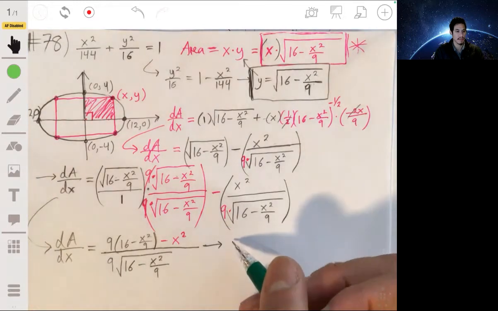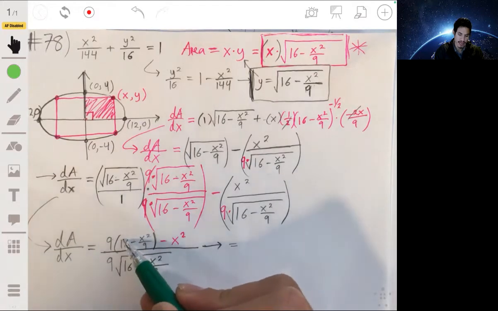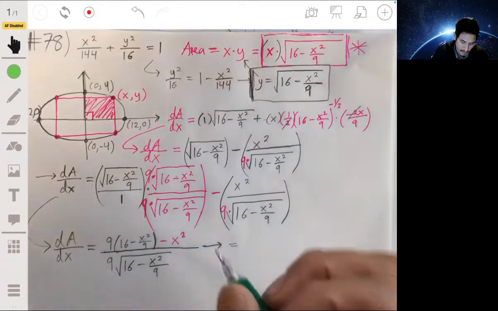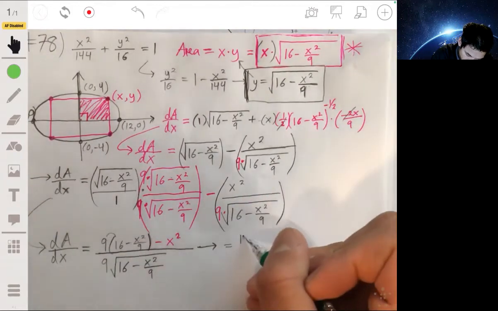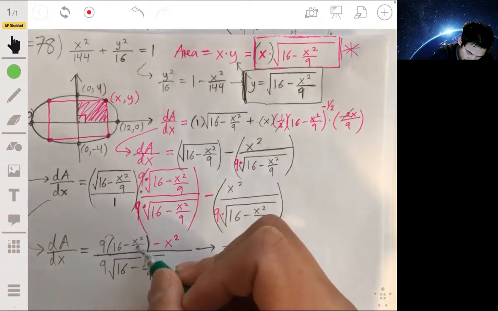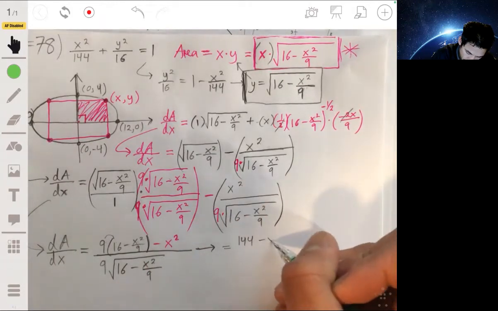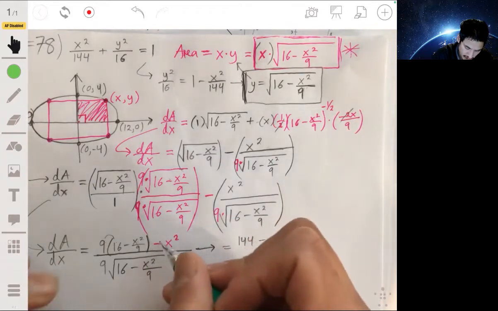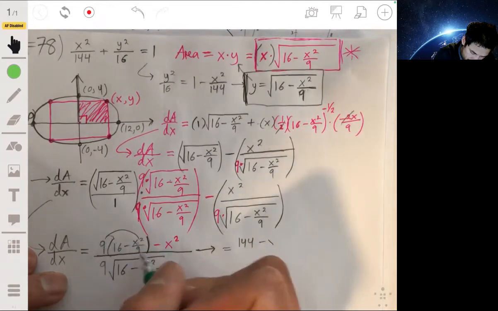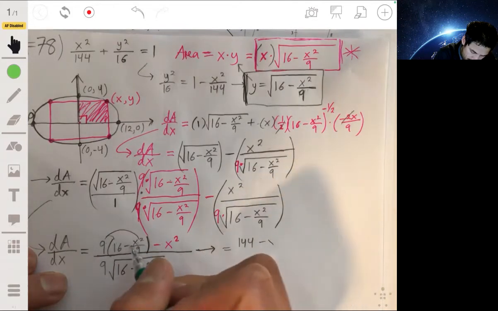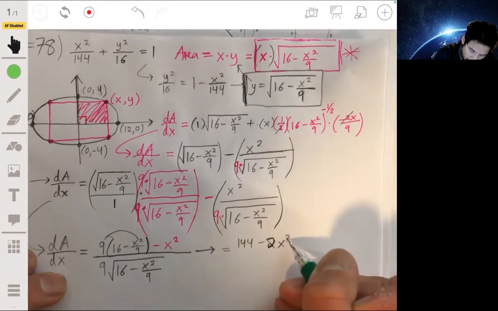This becomes equivalent to, we distribute that 9 to the 16 and the x squared, so we get 144 minus 9x squared over 9, or minus x squared, essentially. Minus x squared minus x squared. Let me distribute that. That becomes minus x squared, and then minus, so we have minus x squared minus x squared, so we just have on top minus 2x squared.